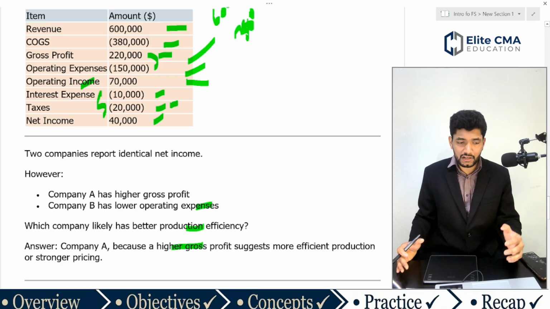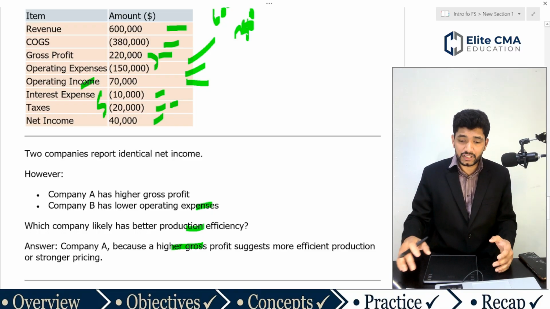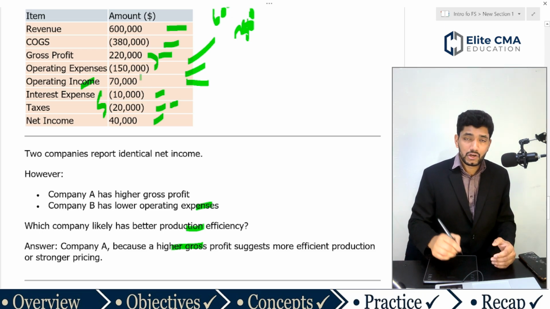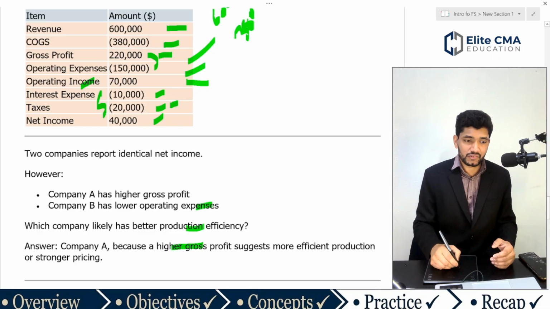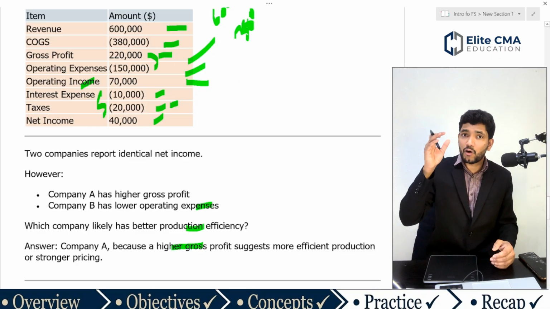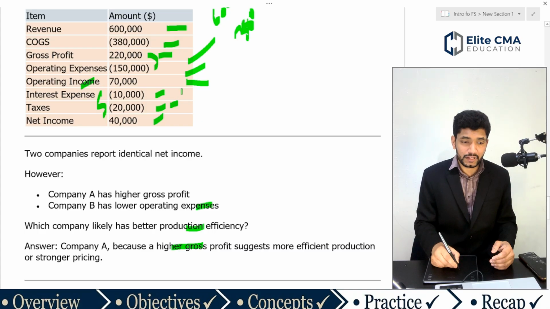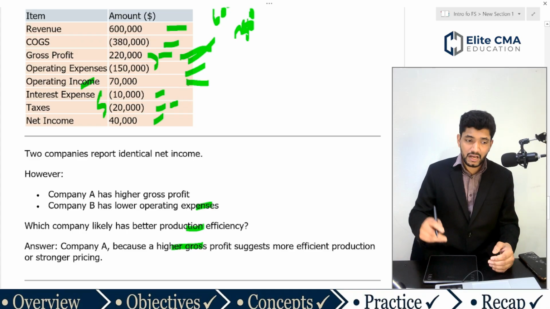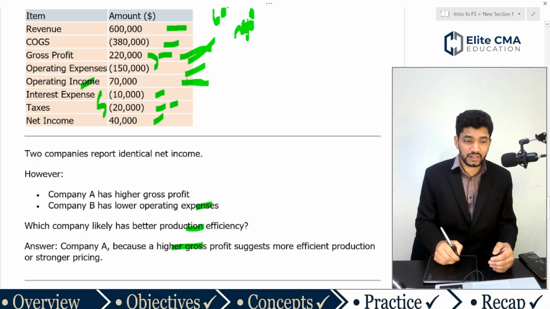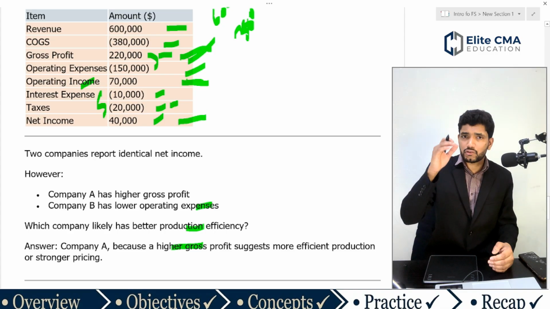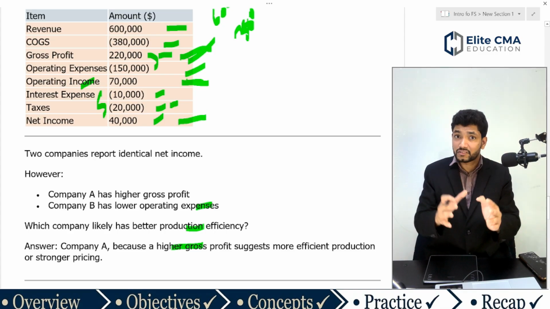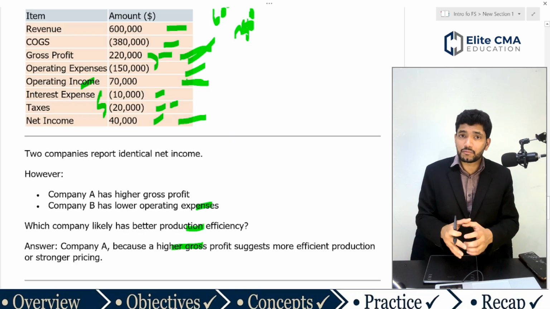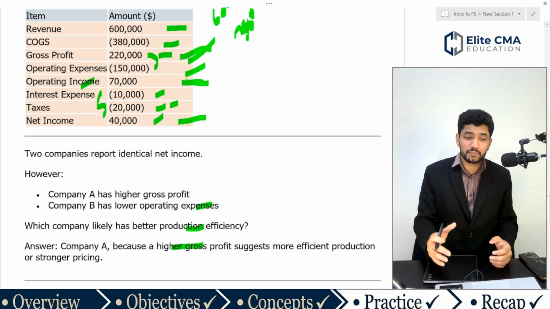So it is very important to understand this structure to evaluate financial performance: what are the key components included in the gross profit level, what are reflected in the operating income level, and what are reflected in the net income. Understanding this structure is very important to evaluate an income statement performance.